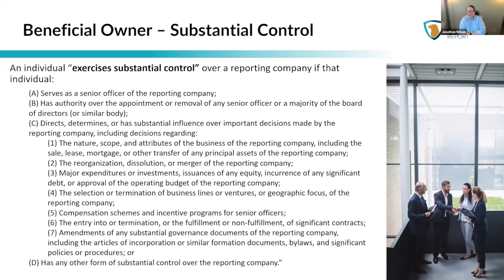What does substantial influence over important decisions mean? Unfortunately, that phrase is not defined in FinCEN's regulations. We have a non-exhaustive list here of the 7 different types of things that we know are major decisions or important decisions, but we don't really have a definition for substantial influence.